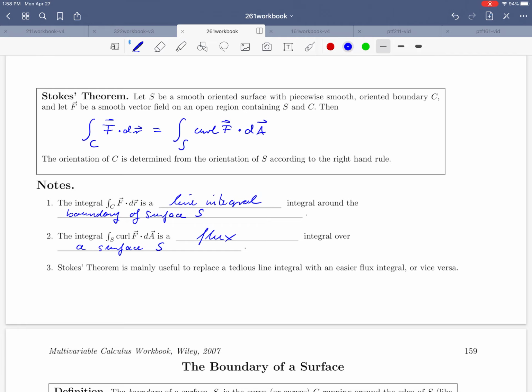So sometimes you want to compute a line integral, but it's really bad. But the associated flux integral is easier to compute, and so we can just do that. Or sometimes you have a tricky flux integral, but the associated line integral is easier to compute, and so then we can compute that instead. And that's exactly what Stokes' theorem allows us to do.